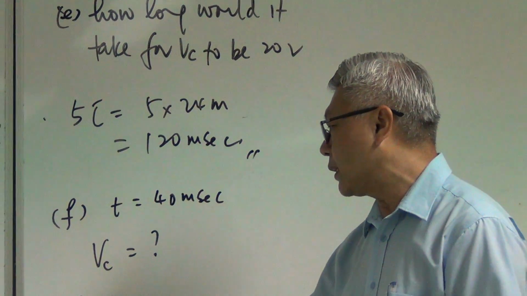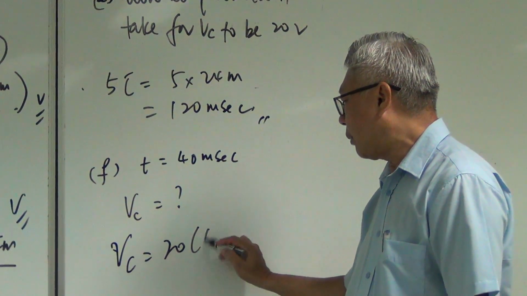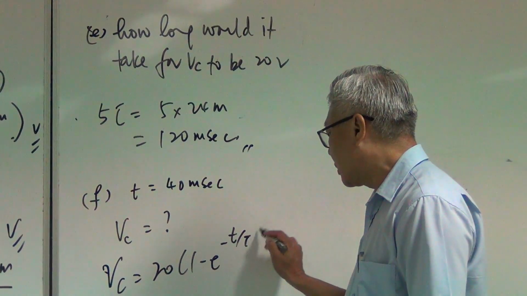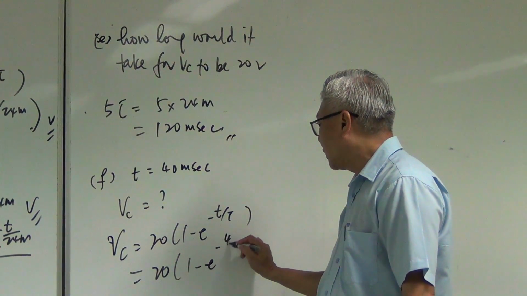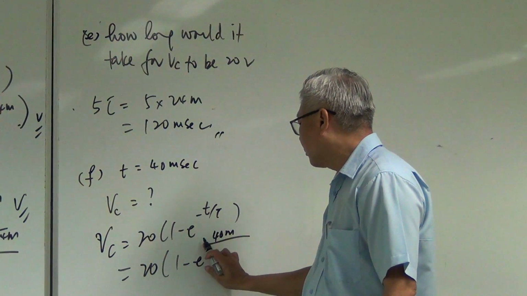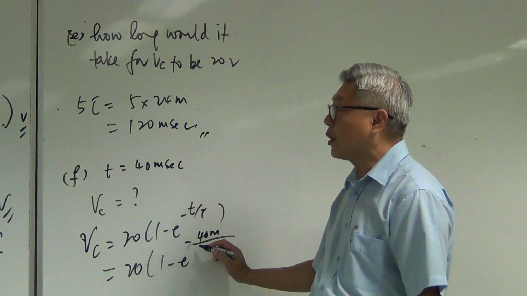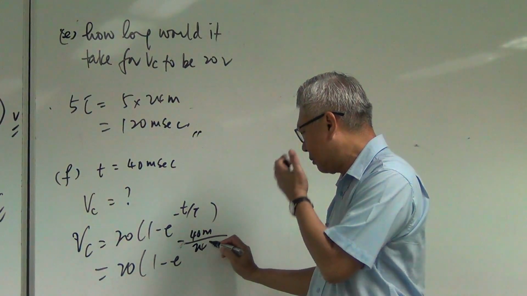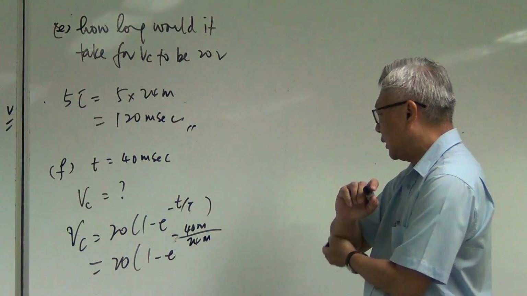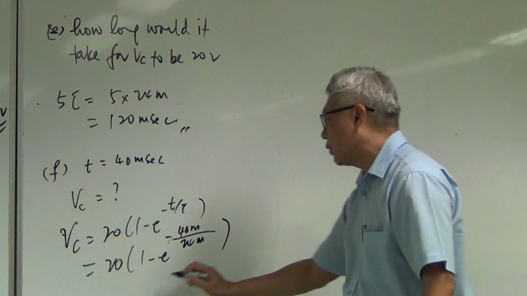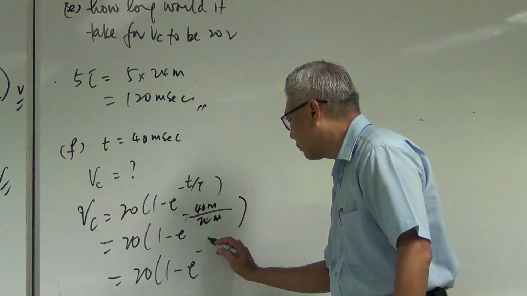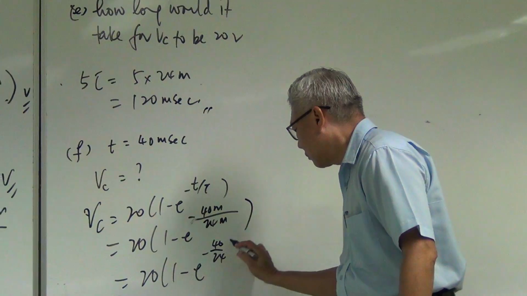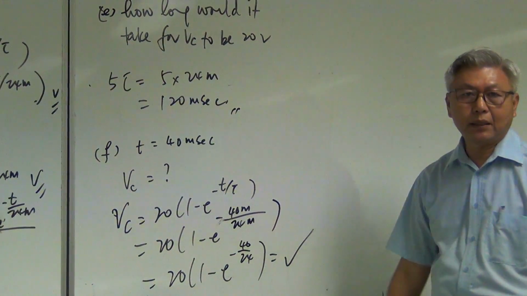So VC is equal to 20 times (1 minus e to the minus t over time constant), so 1 minus e to the minus 40 milli divided by the time constant of 24 milli. With my calculator, I should be able to get the answer.